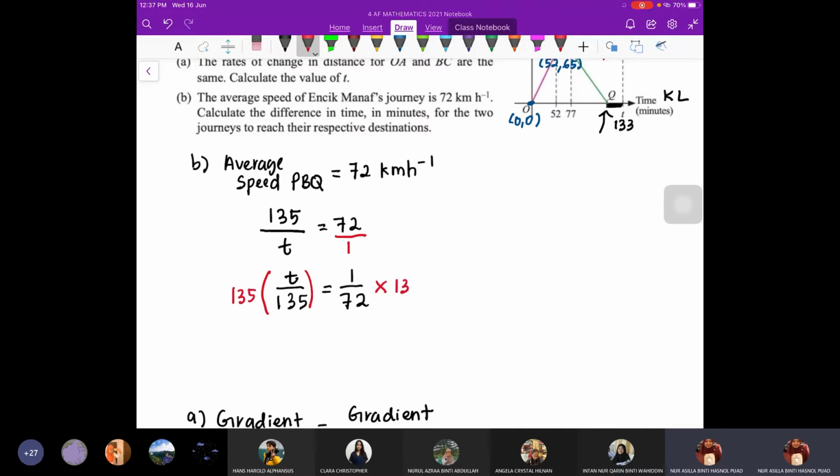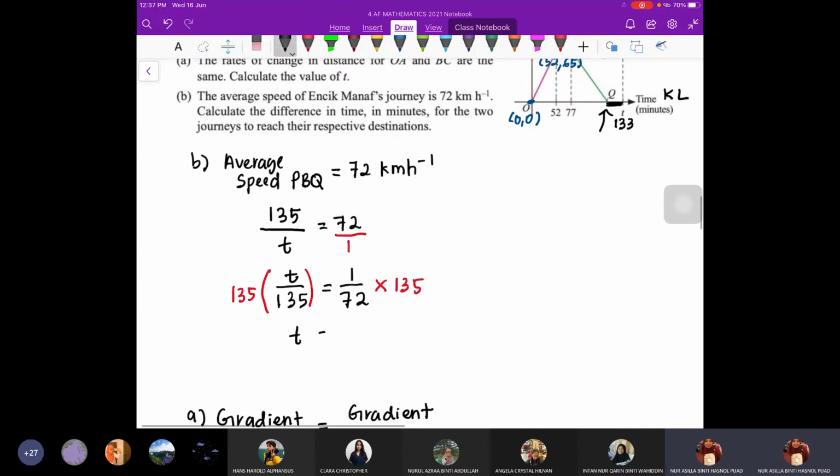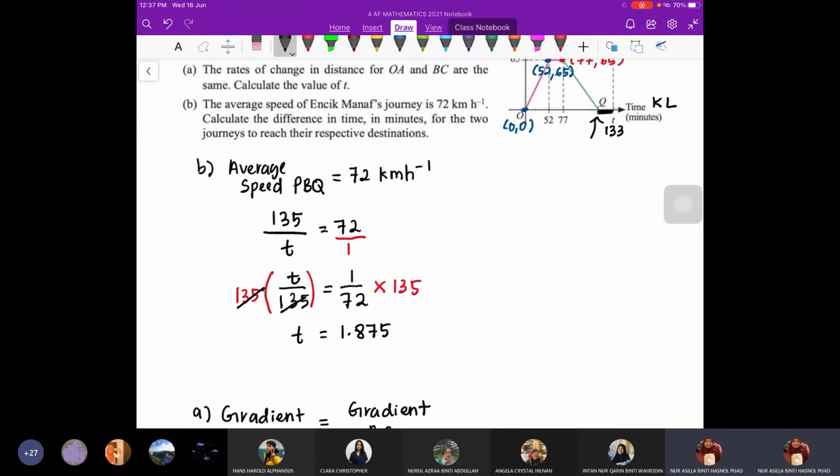Sebab saya nak buang denominator tu. Jadilah t equals to 1.875. Okay. Tapi this is in hours. Sebab average speed yang diberi adalah dalam hours.